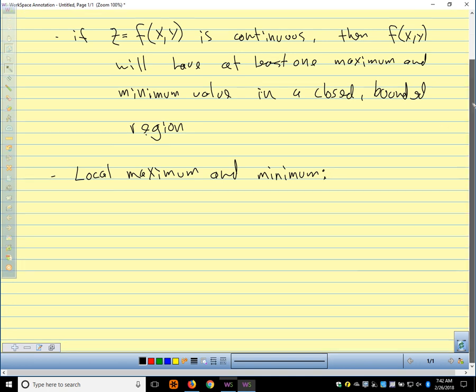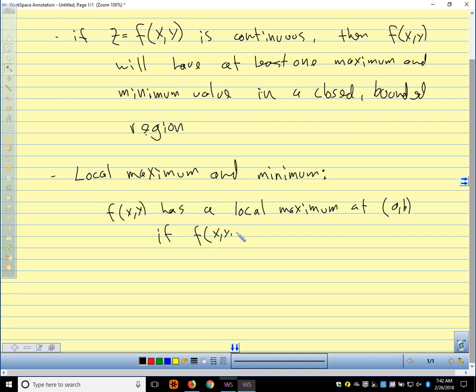We have a good idea of what a maximum and minimum mean, I just want to make it a little more formal. f of x, y has a local maximum at some point (a, b) if f of x, y is less than or equal to f of (a, b) for all x, y in an open disk about (a, b).